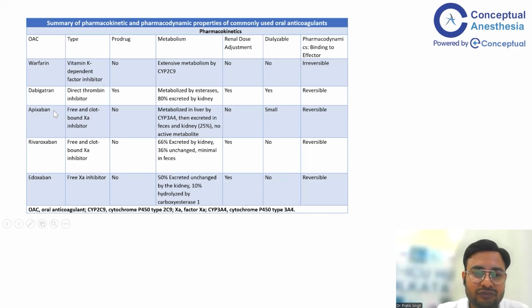Apixaban is one of the most commonly used XA inhibitors, which is given when the patient has non-valvular atrial fibrillation, and the effect is again reversible. Rivaroxaban is metabolized by the kidney, so you have to be cautious when dealing with a patient having kidney issues. Edoxaban, again, comes out of the kidney.